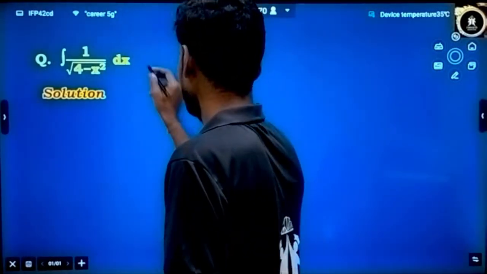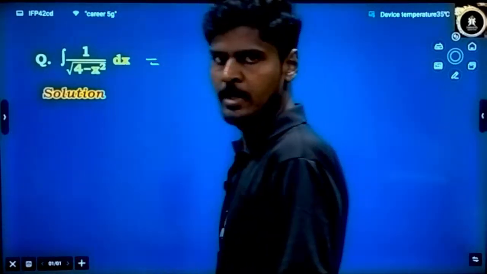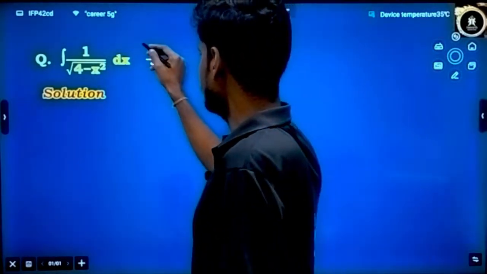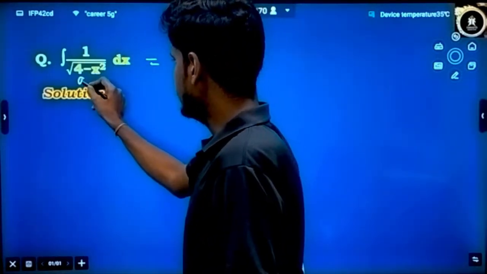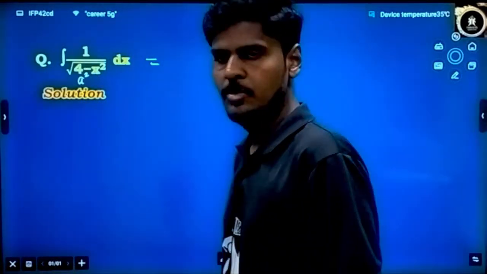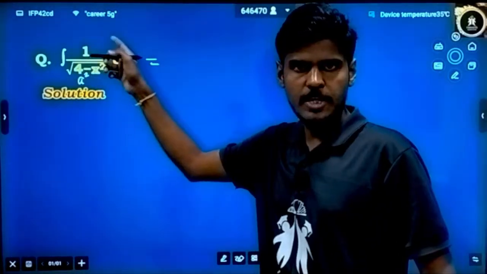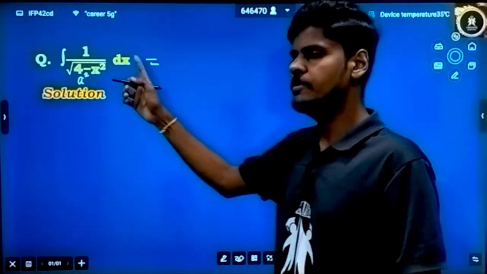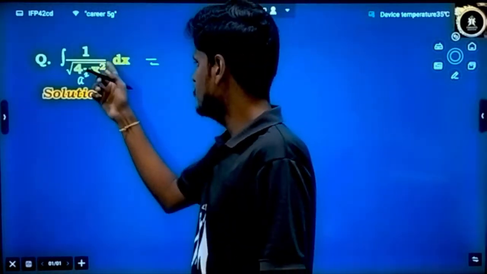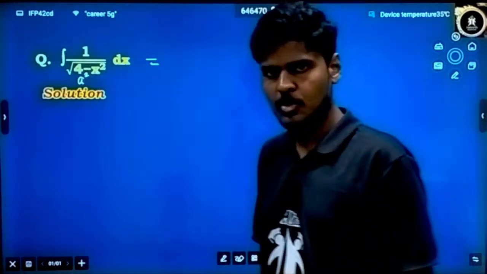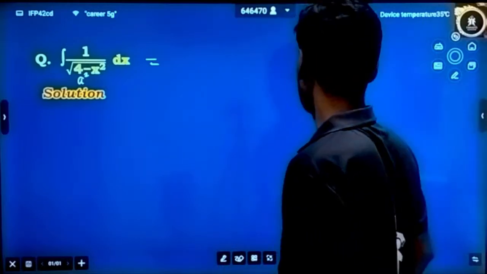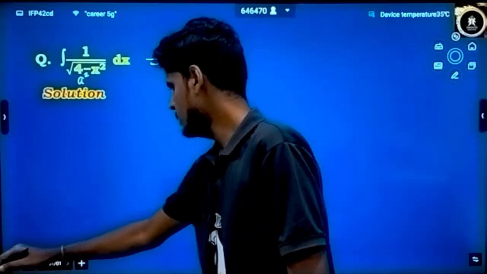This is of the form dx by root of a square minus x square, where a will be 2. So what is the formula? Dx by root of a square minus x square is sin inverse x by a, a direct formula. So this will be sin inverse x by 2, direct application. So we can write this directly.